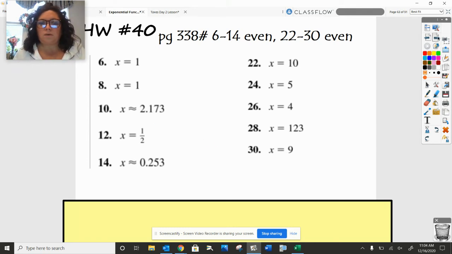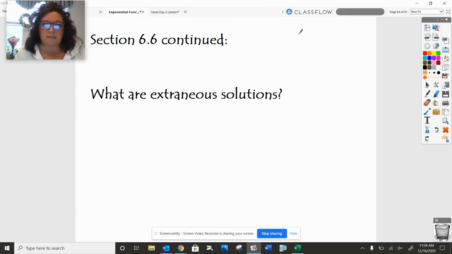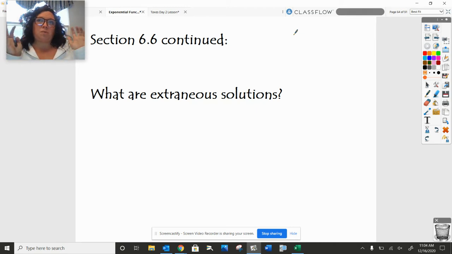Okay, so the next part in section 6.6 are ones where it's not a log equals a log or a log equals a number. We may have something where we have 2 logs on one side.